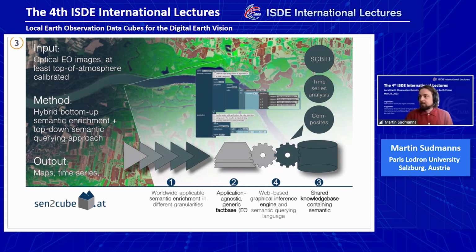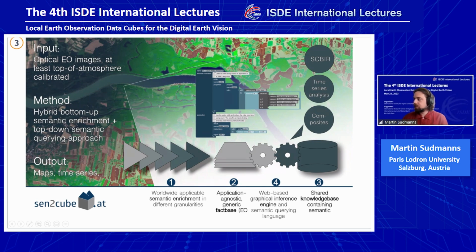The first one is the semantic enrichment. This is a bottom-up approach, and this is combined with the top-down semantic querying, basically the knowledge-based approach. And this is brought together in the so-called inference engine that evaluates the semantic model and this high-level query into the data cube queries.